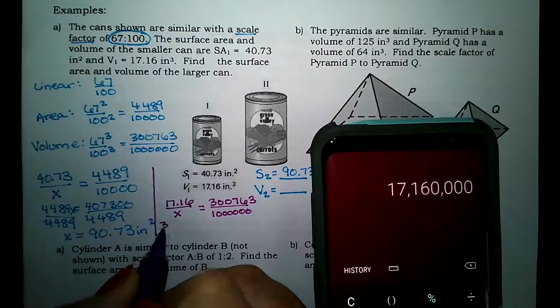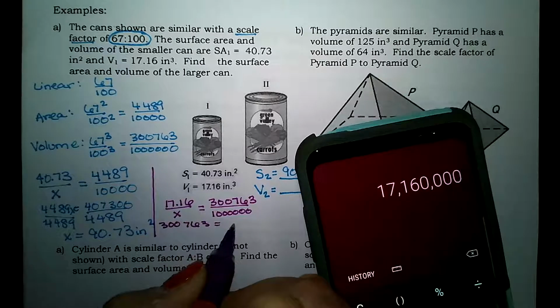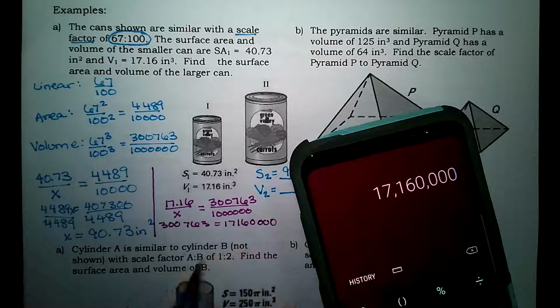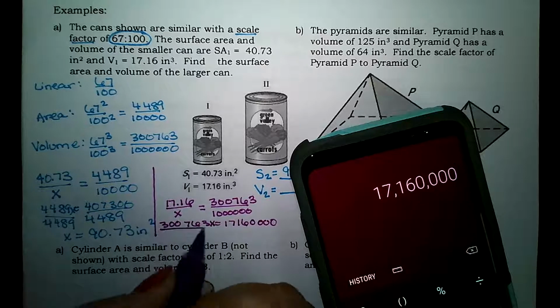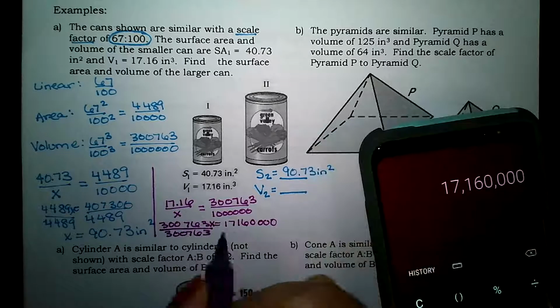So I get 17,160,000. And to get x all by itself, I need to divide by 300,763.